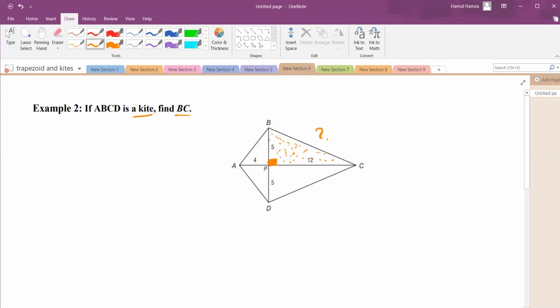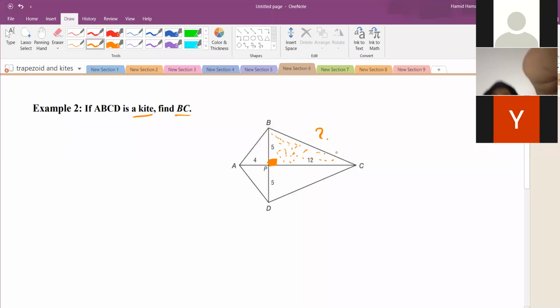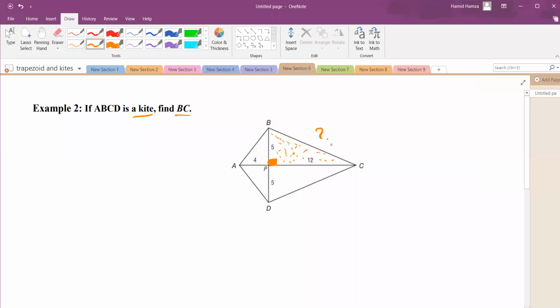The two legs are given, BP and CP. And BC in this case represents a leg or a hypotenuse? Hypotenuse.